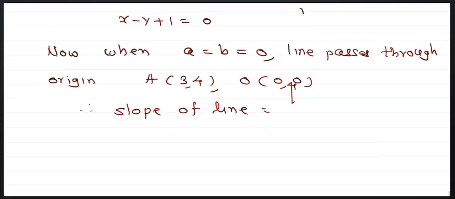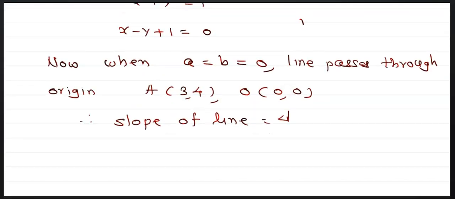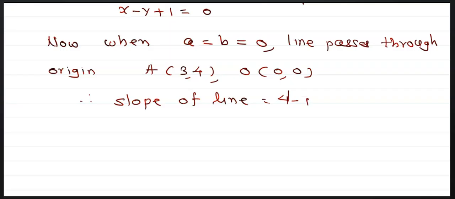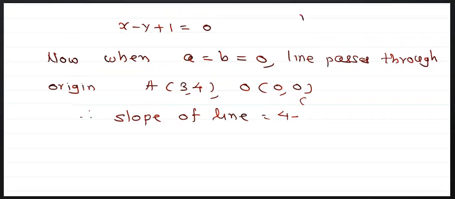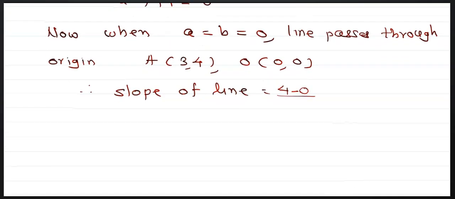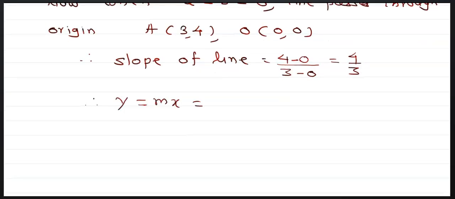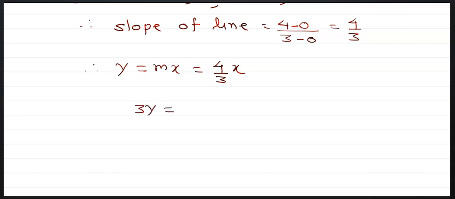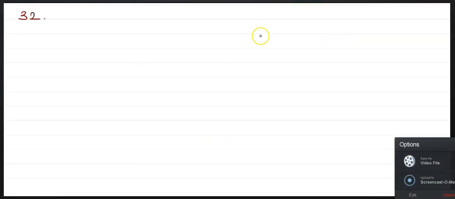The slope of the line AO is (4 minus 0) upon (3 minus 0), that is 4 upon 3. y equals mx, so y equals 4x upon 3, that is 3y equals 4x. This is the required line. Now you can see again.